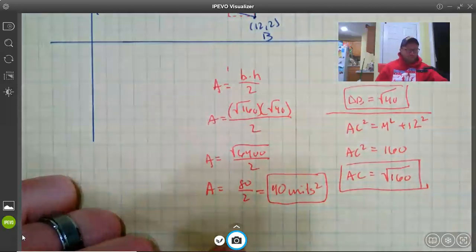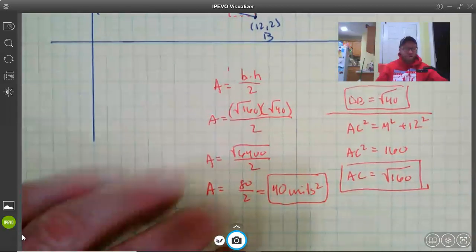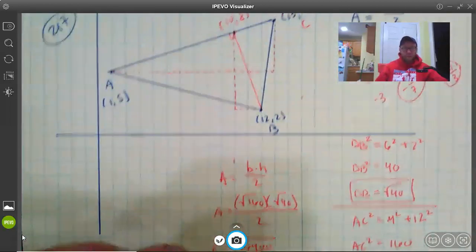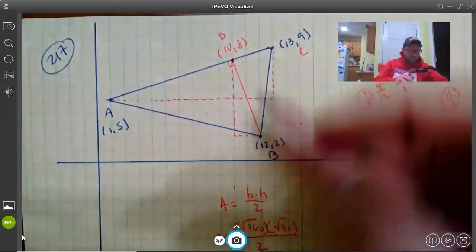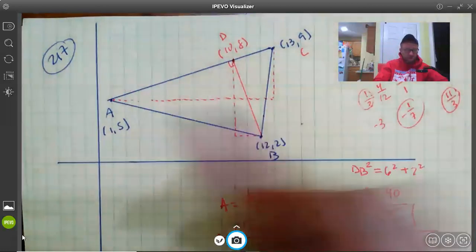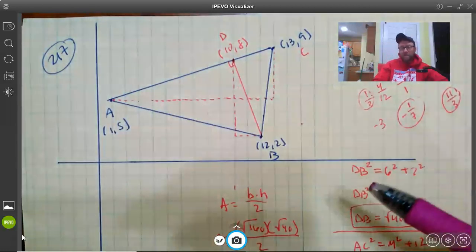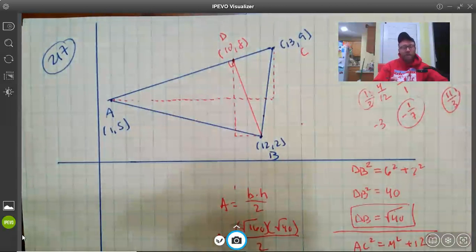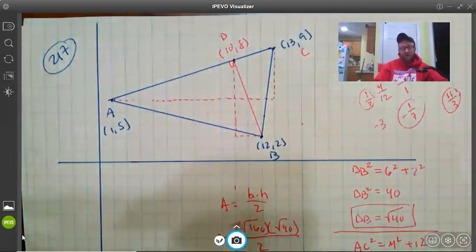So let's now take a look at our same triangle, and we're going to find its area using a slightly different method. So now, let's review this method real quick first. So first, I had to find a base and height that I could use. Now, I could have used any base, any side as the base, and calculated the height.